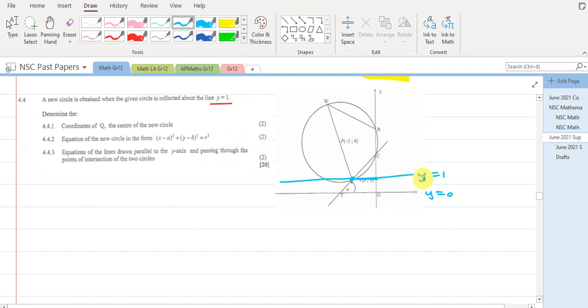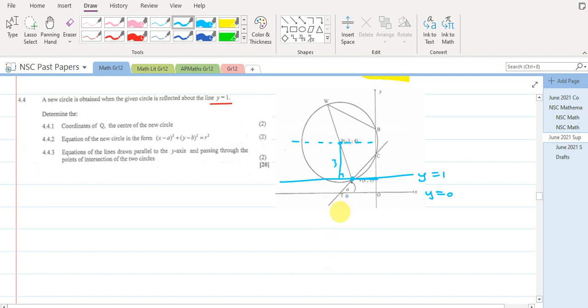So you're reflecting this point on this line here. Every point is reflected on this line. So this point over here is reflected on y is equal to 1. Then what's the distance in y values from here to this line? If I observe the distance in y values from here to the line, I'm seeing a distance of 3.